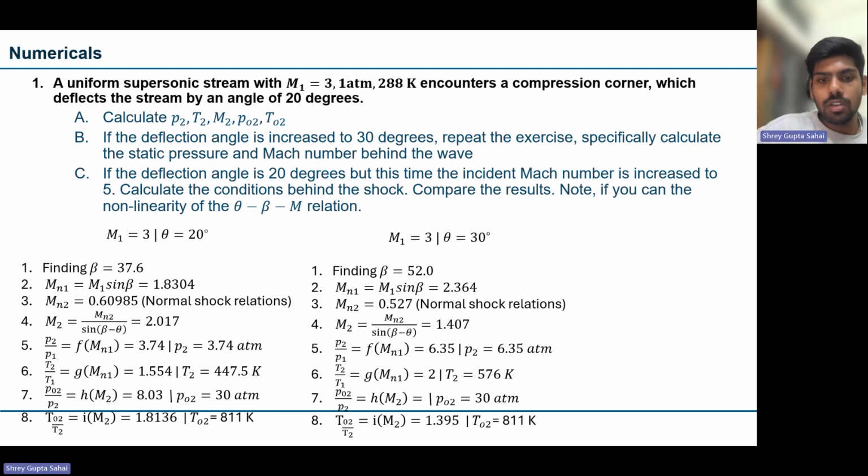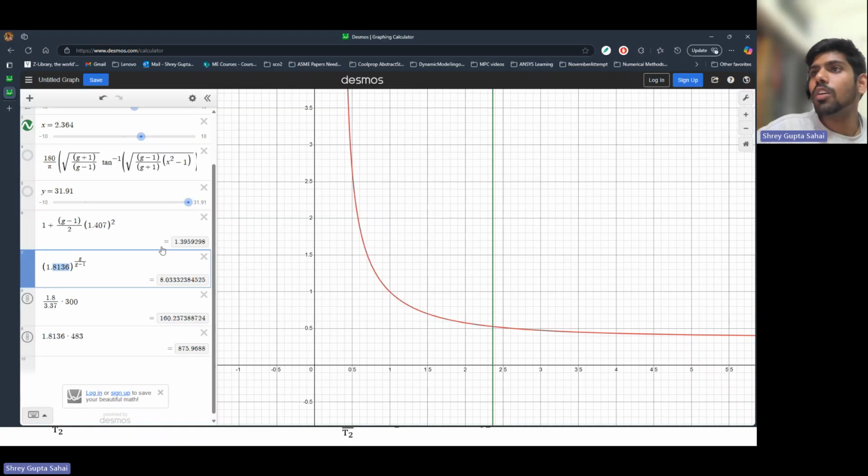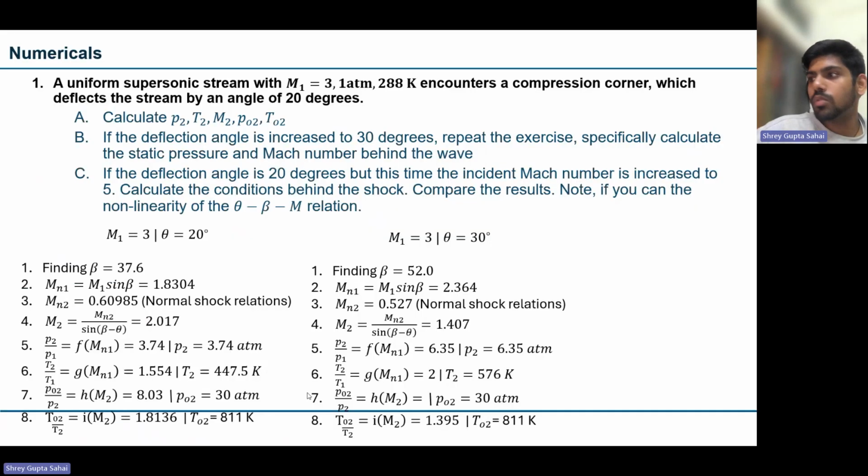The total to static pressure ratio is 3.214.